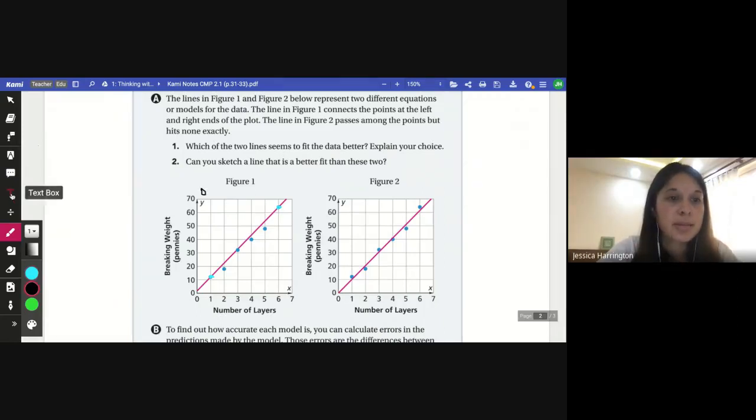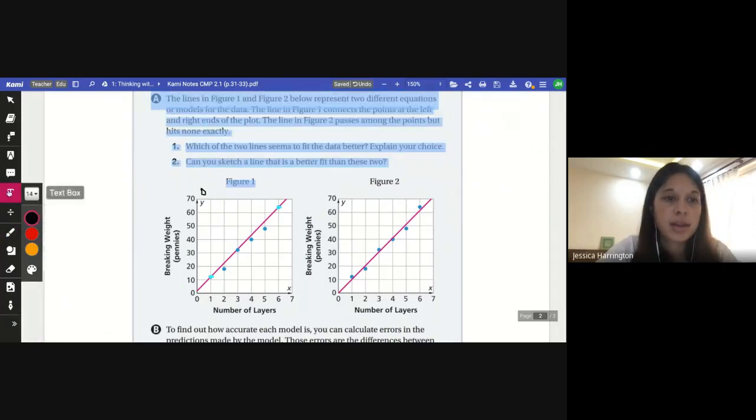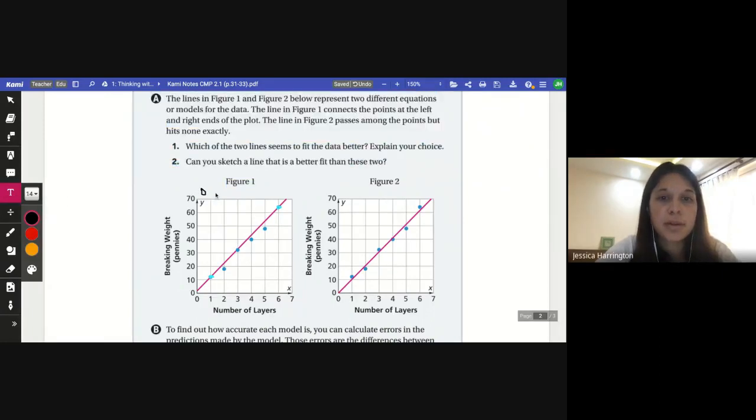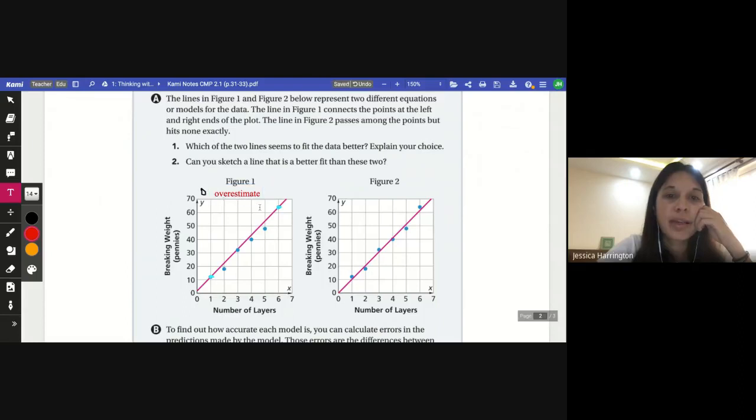Maybe I can type and save myself some time. Thank you for dealing with me. So let's see if I can do this. This is an overestimate. Okay. And let's make this a different color so you know this is my text. And it's an overestimate, which I would write in my notebook because the line falls above.